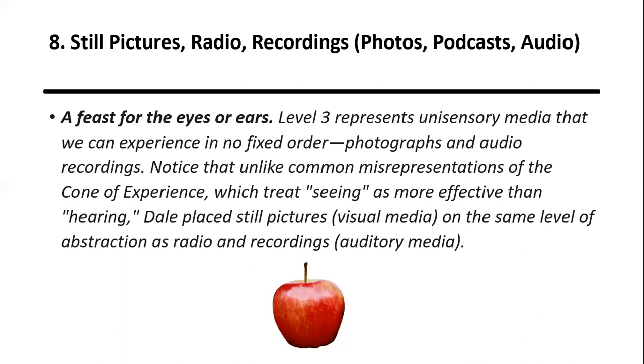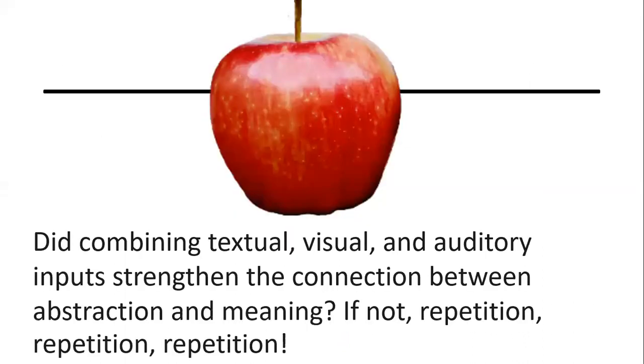Let's say, as you watch this, you see a picture, a still picture of an apple. Now, when you hear the word apple, the understanding is the same, or both could be at the same level of understanding when you just hear it and when you see it, according to Dale.